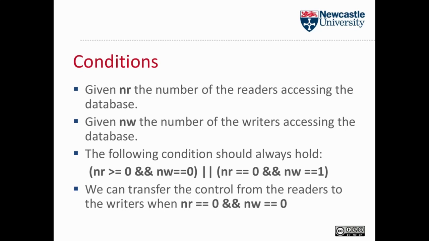So either you have the number of readers greater than 0 and inside the monitor you have no writer running at all, or you have at most one writer and therefore no reader shall be allowed to access.